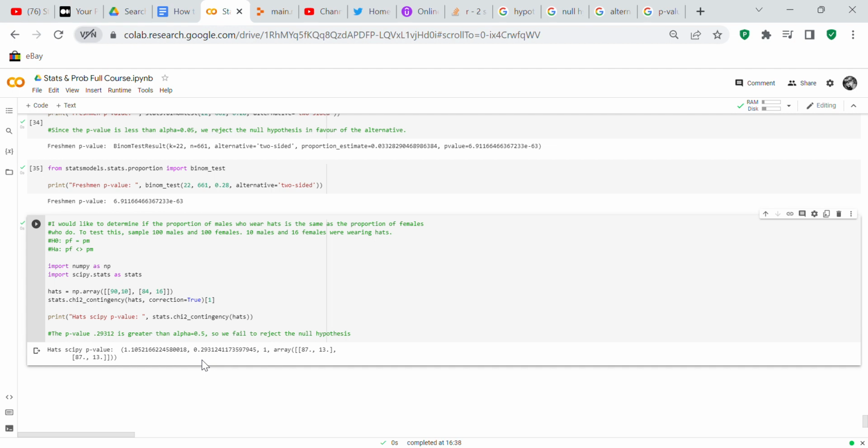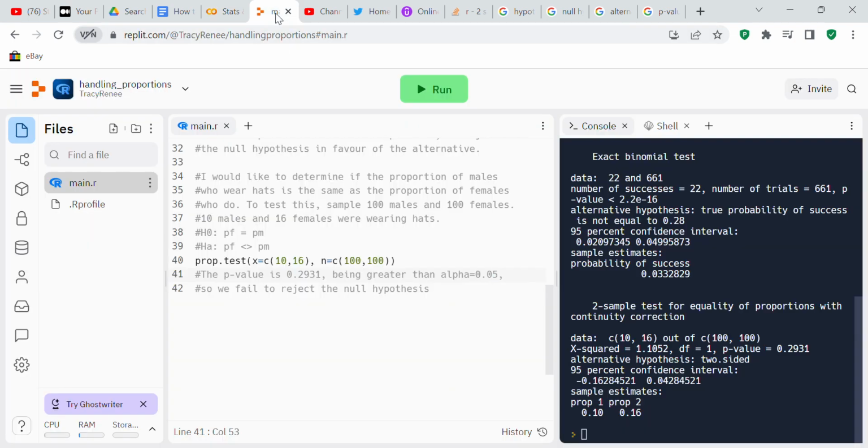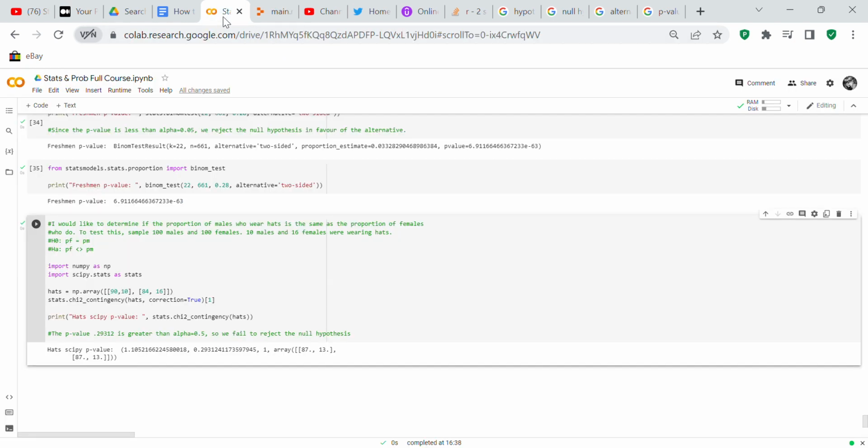And it's print hats SciPy p-value, stats.chi2_contingency hats. And we have a p-value of 0.29312, which is the same that we got in R. So that's what we want to see.